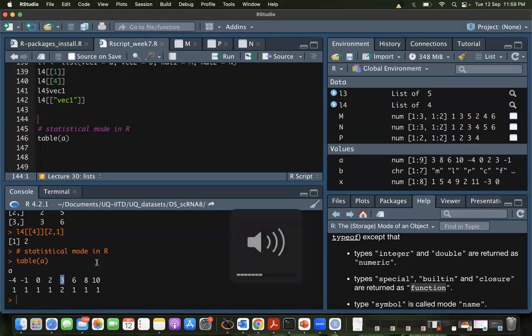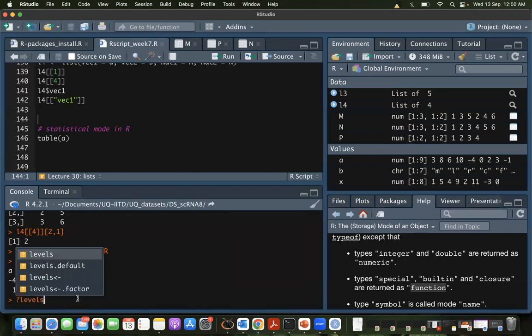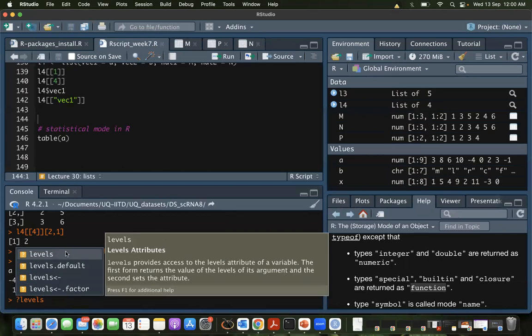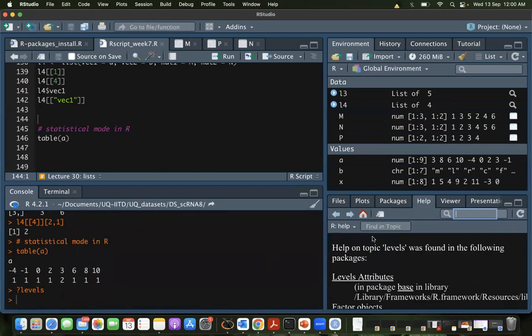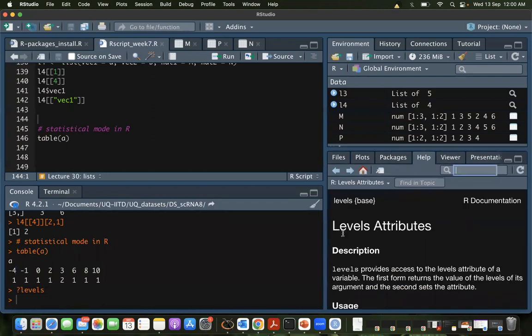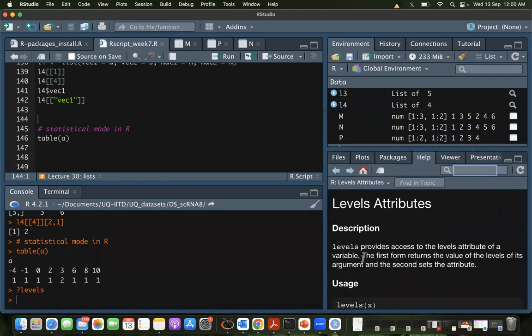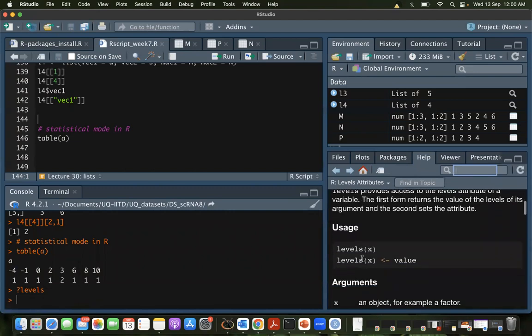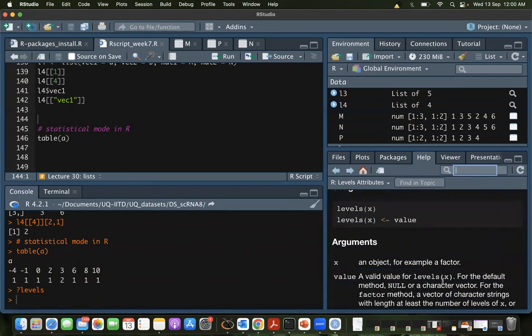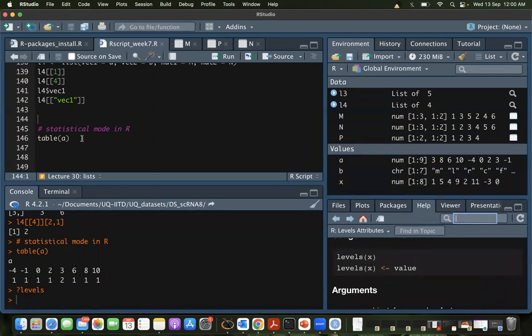And somewhere I saw levels. Levels means this is the same thing it will do, I think. No. Levels, as far as I know, has something to do with factors. So we'll discuss it probably some other time. Factors are not being taught right now, right?